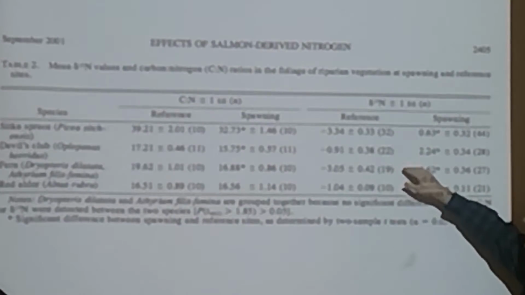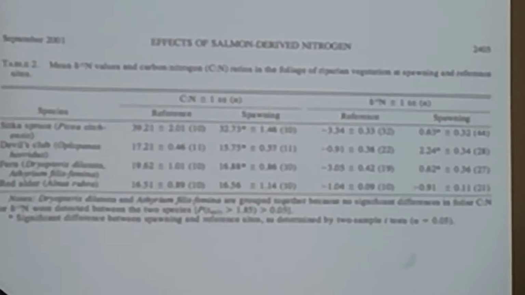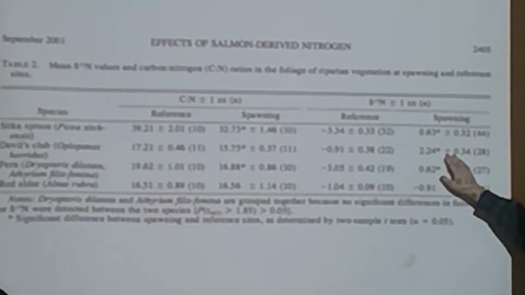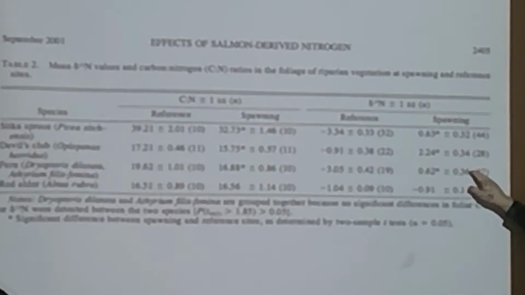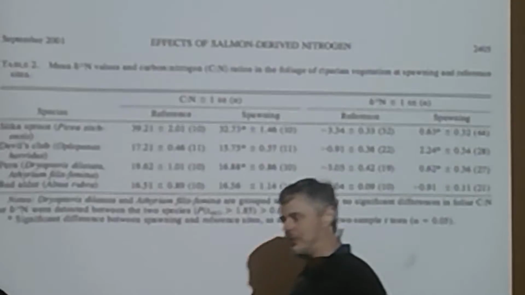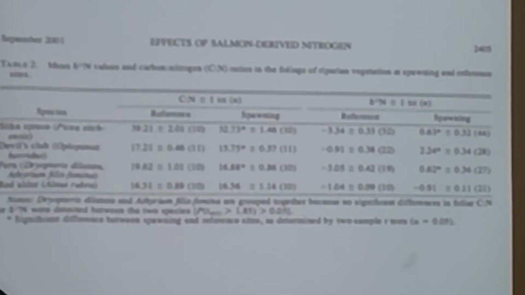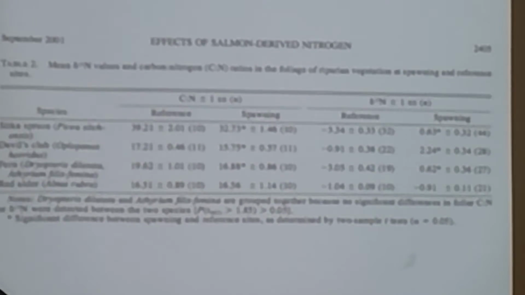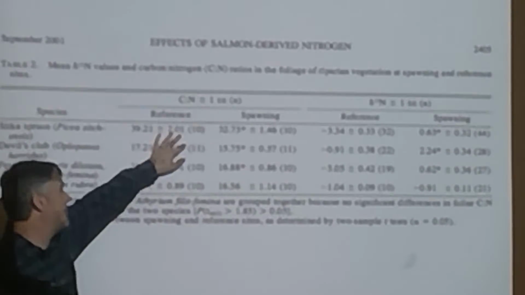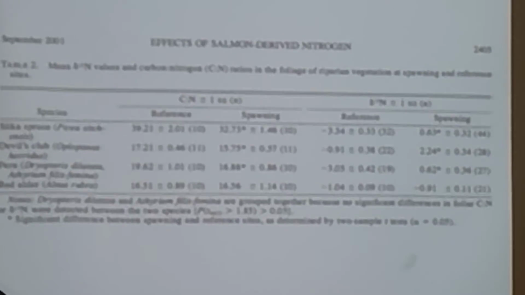And then likewise, if we look at our delta 15 nitrogen ratios, in other words, how much of that is marine derived, we see that more is marine derived for the Devil's Club and then also for the fern. So these first three species all seem to be marching together. They're taking up more nitrogen of marine origin. There's more nitrogen in the environment, which we're inferring from this carbon to nitrogen ratio.